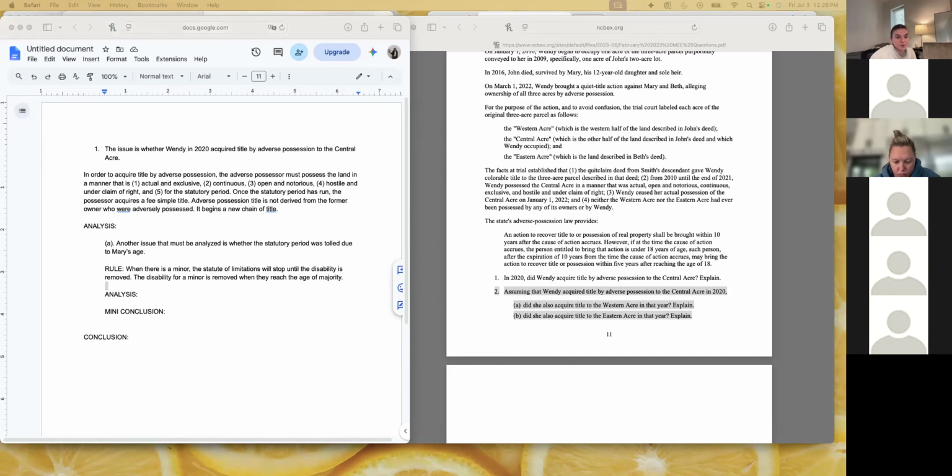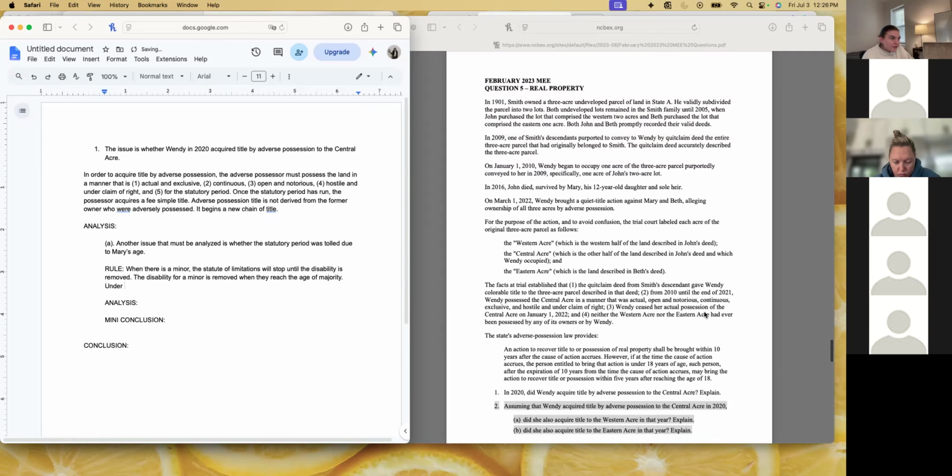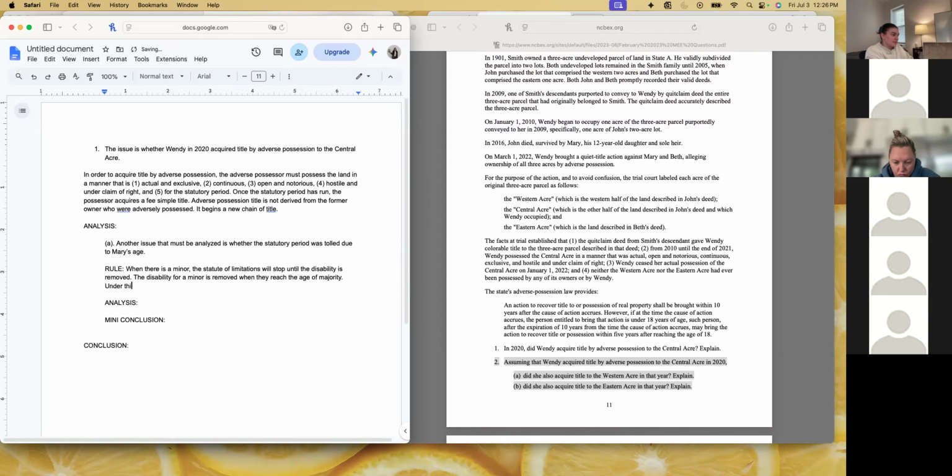Wonderful work. Okay. And then the other thing I would also say here is, what is the state name? Does it tell us? Whatever the state is. Under this state's adverse possession rule, an action must be brought within 10 years.